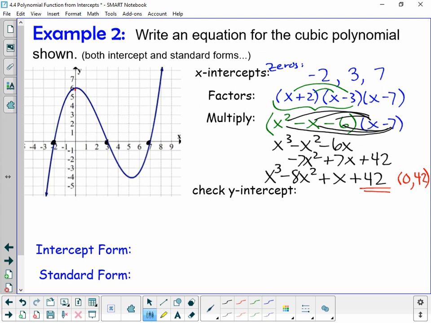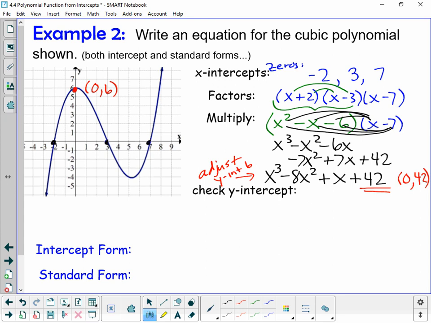But the function shown here on the graph has a y-intercept of 6, sorry, 0, 6. So we need to adjust this equation so that it has a y-intercept of 6.